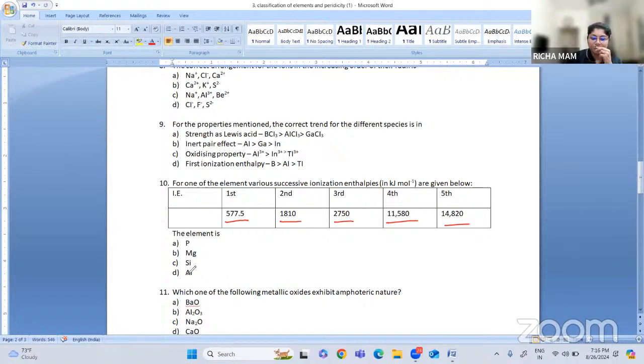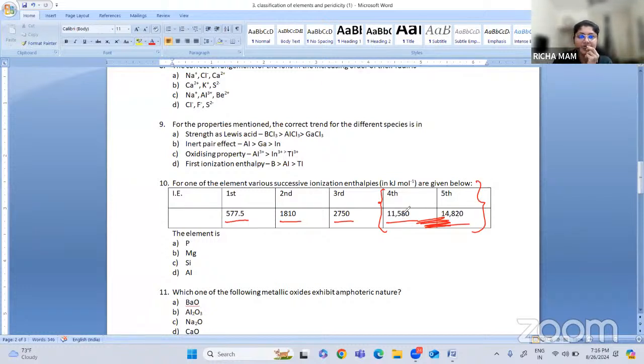Now you can see the fourth and fifth ionization enthalpy, there is much more difference between them: 11,000 and 15,000.